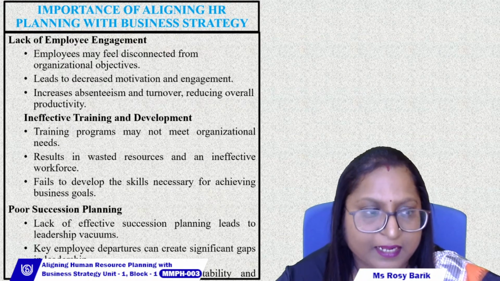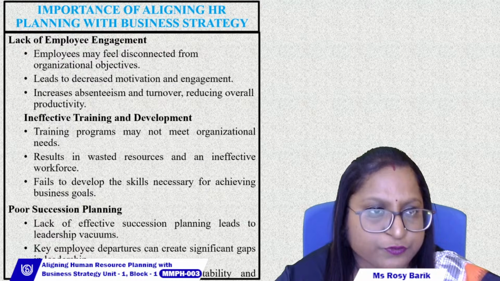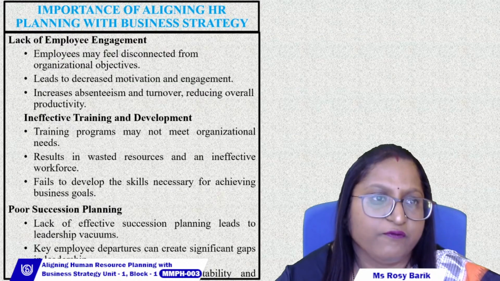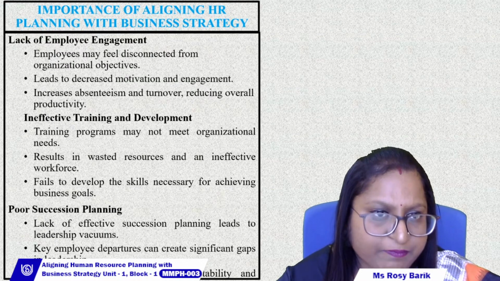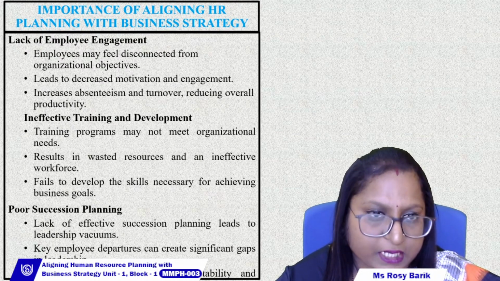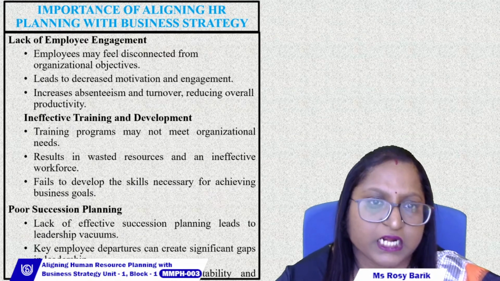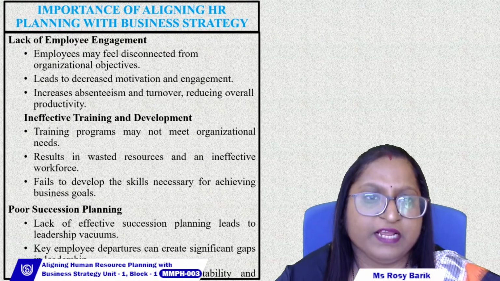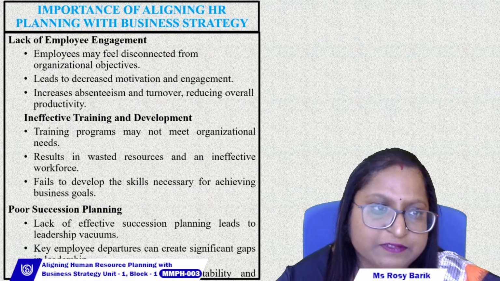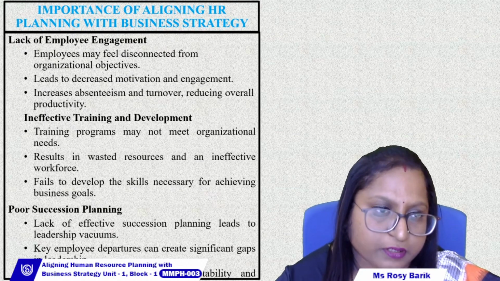They may feel that they are not a part of the organization, which leads to a decrease in motivation and engagement in their work, which increases absenteeism and labor turnover, reducing overall productivity. Ultimately, the absenteeism rate will increase, turnover rate will increase, motivation and engagement level will decrease, which also decreases the overall productivity of the organization.